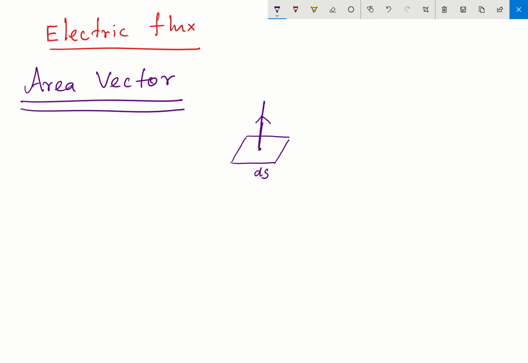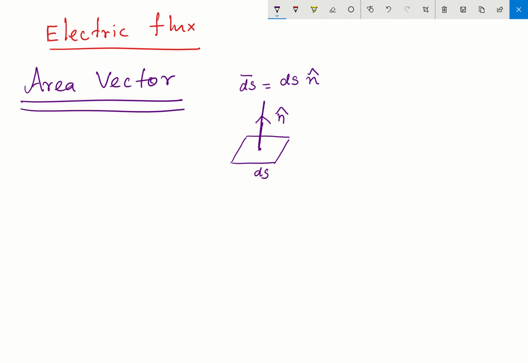And the unit vector I am giving this one as n. ds is the area. Therefore, how to write the area vector here? The ds vector is nothing but magnitude and direction is this. Therefore this is an area vector.